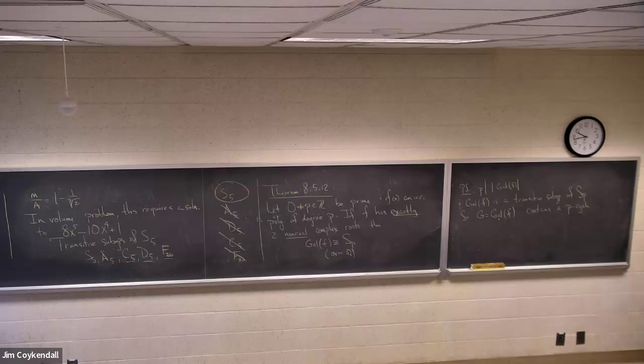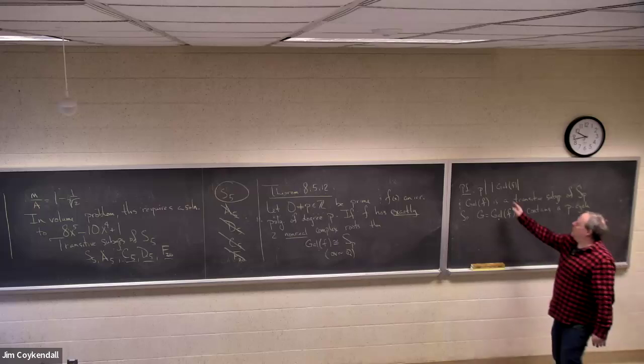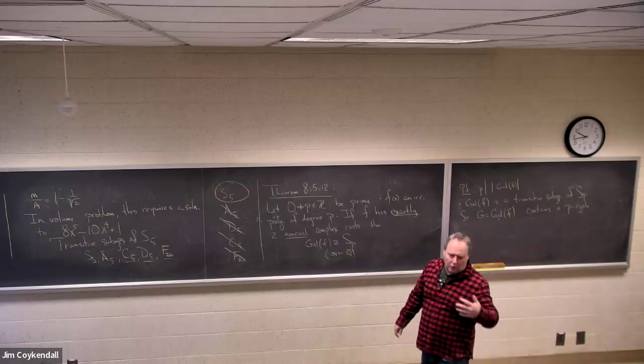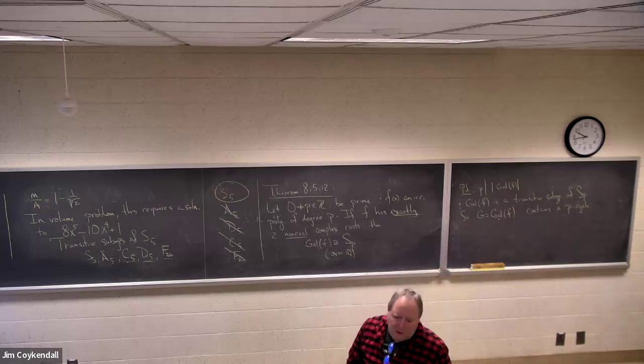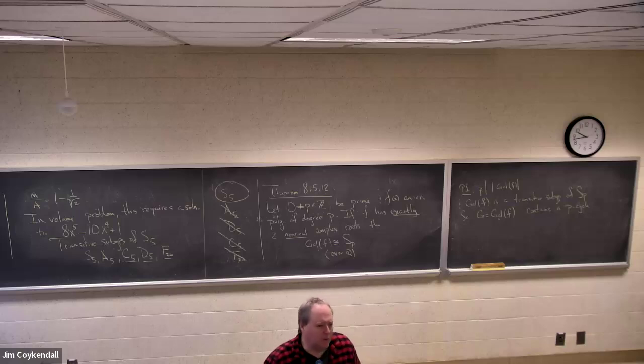Now notice, this first statement, of course, means that the Galois group has to contain an element of order P. But I've said something slightly stronger. I didn't say it contains an element of order P. I said specifically it has to contain a P-cycle. Can anybody tell me why?